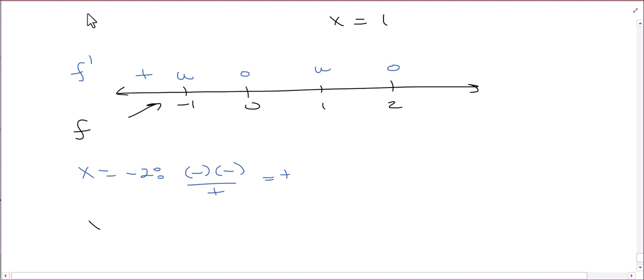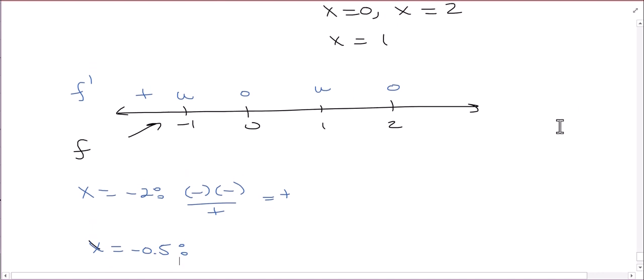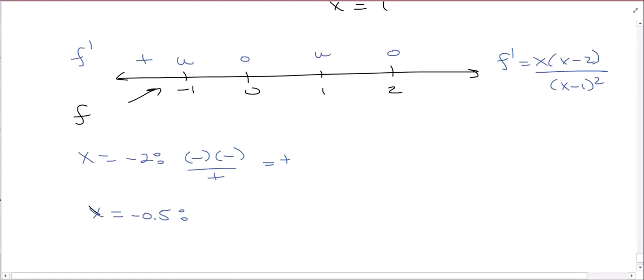And then pick another test point. So let's say x equals something between negative 1 and 0. So let's say negative 1/2. And plug it in. Let me copy my derivative here so I can see it. Okay, so now that I can see it, x is negative 1/2, so I'm still going to have negative times negative 1/2 minus 2, that's still negative, over the bottom, which is always positive.